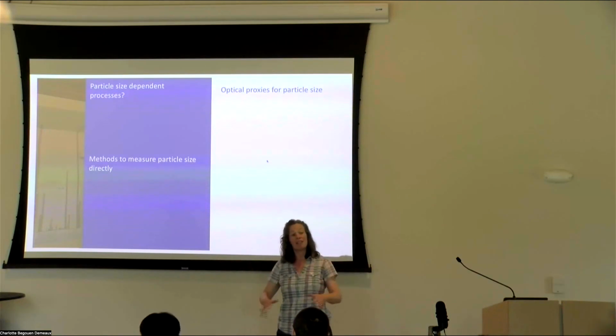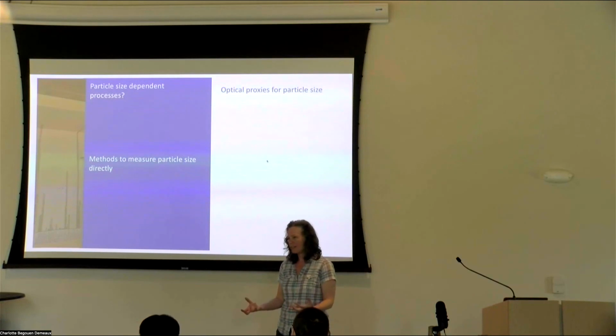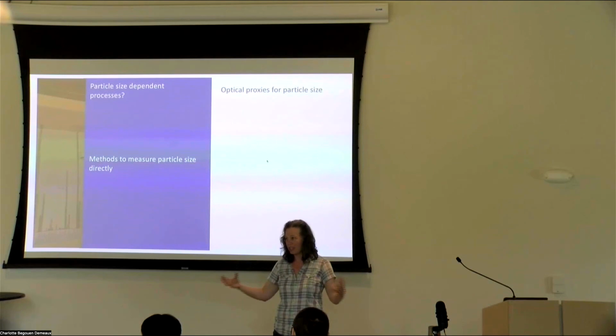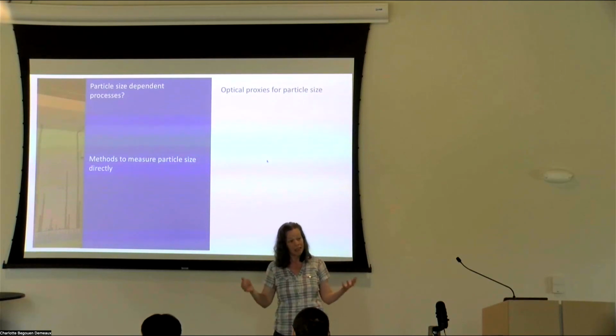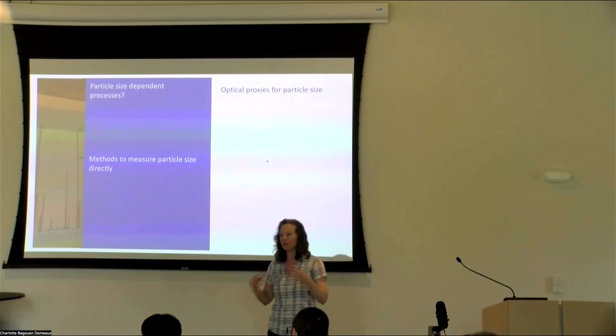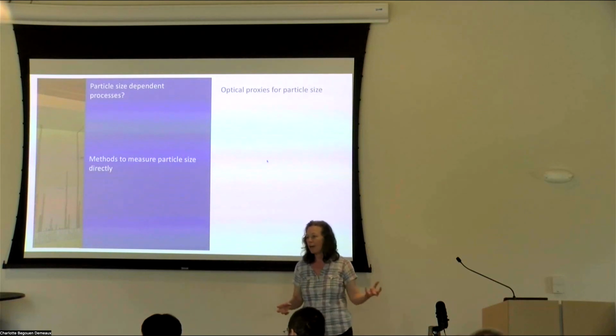You've got all of these direct, or more direct anyway, measurements of particle size. How do we take that information and condense it into a particle size distribution and maybe model it in a way that's more useful to relate to the IOP-based proxies that we're developing, if that makes sense.